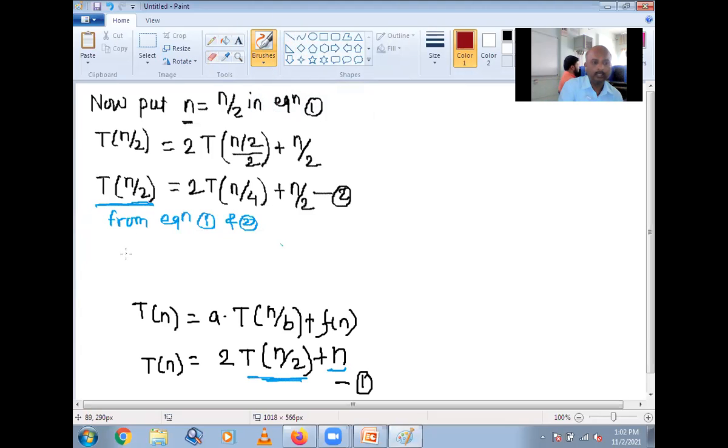Here I will write equation 1 as it is first. T of n is equal to 2 T of n by 2 plus n.